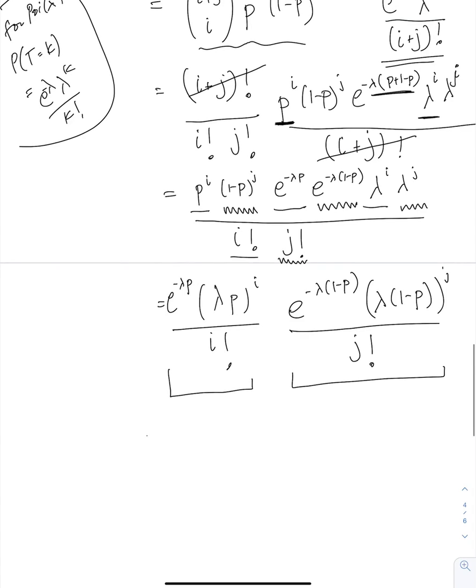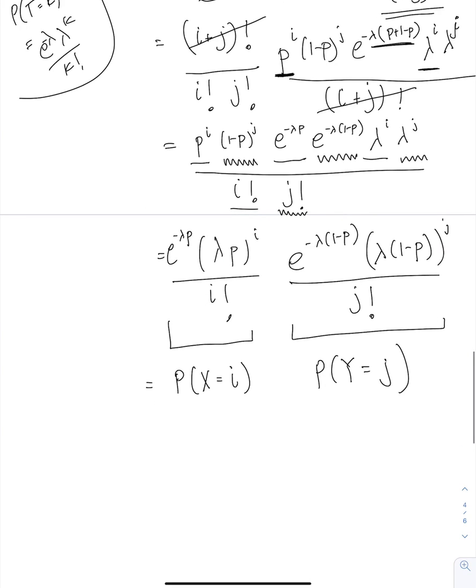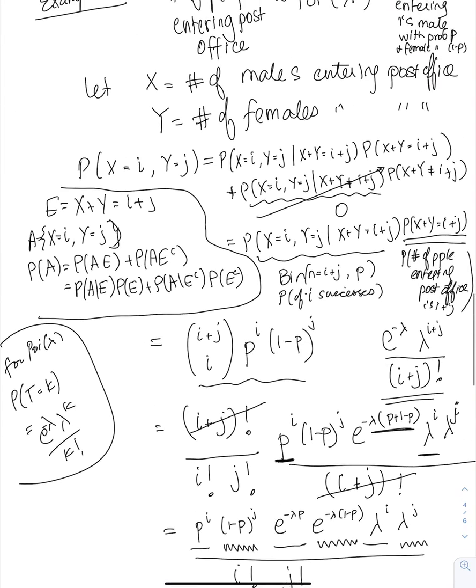So you can conclude this is the probability X equals i for a Poisson random variable, and this is the probability Y equals j. And you have that X is Poisson with parameter lambda p, and Y is Poisson with parameter lambda times 1 minus p. All right, so that's nice.